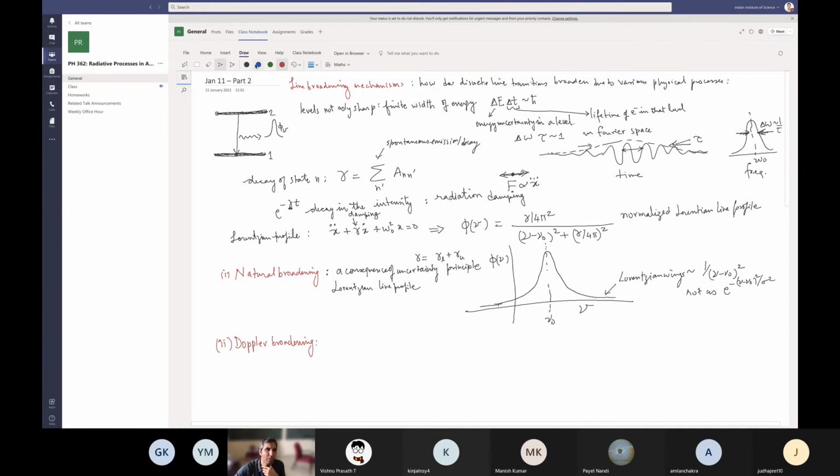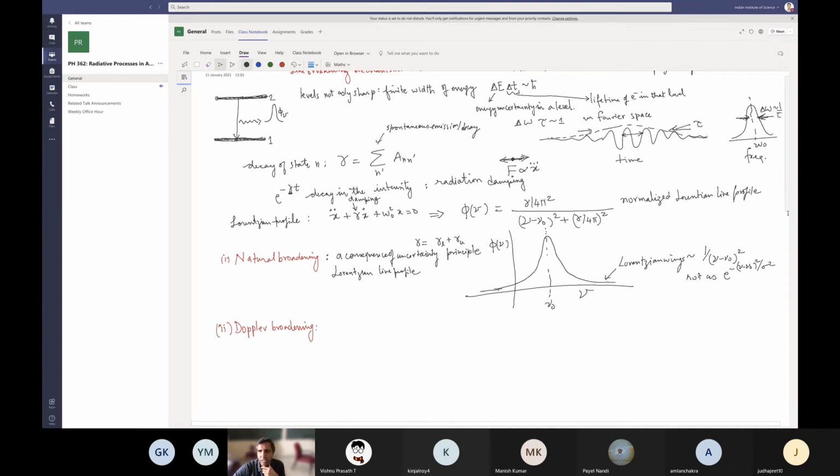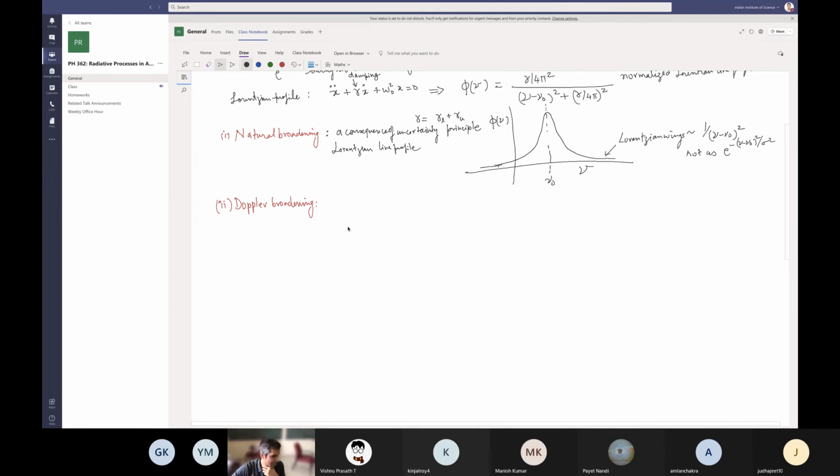So what happens in Doppler broadening is that if you have particles with some temperature, they have a distribution of velocities, right? So the observed line will be broadened because some particles are coming towards you and some are moving away from you, and so on, right?